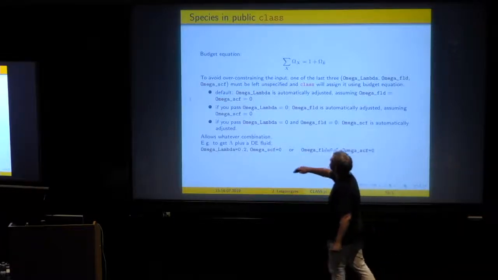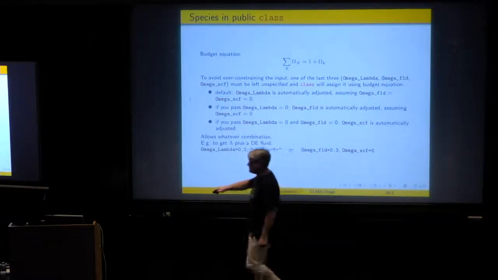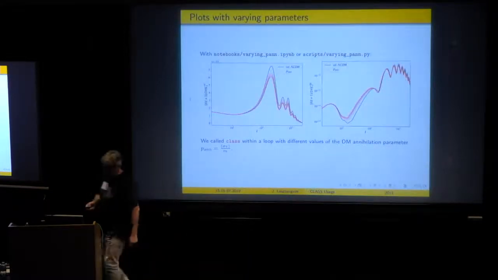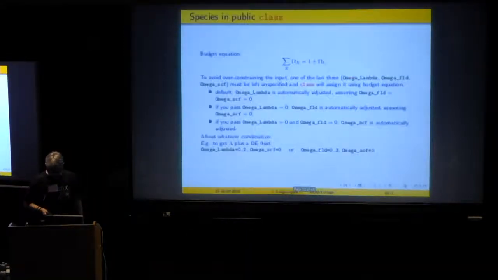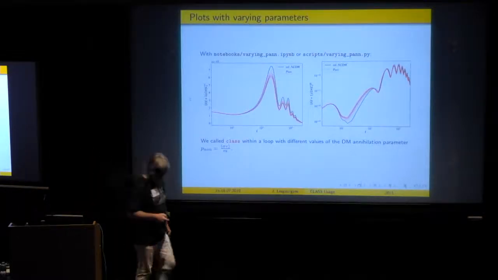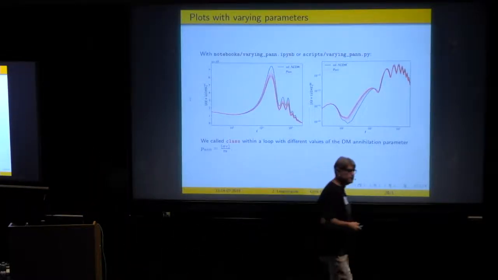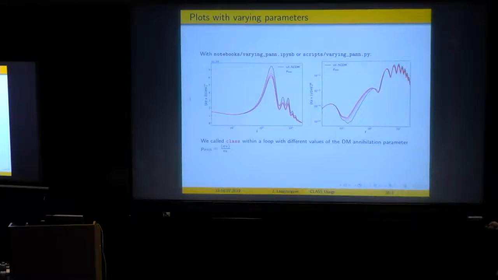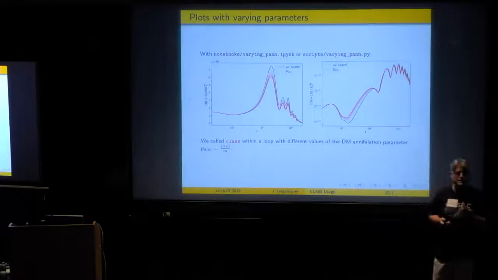All right. So it's time to go to a different Jupyter notebook. The Jupyter notebook that you have downloaded with a code called varying P-ann is very generic. You can modify it in such a way to see the variation of your P(k) and Cl with whatever parameter.